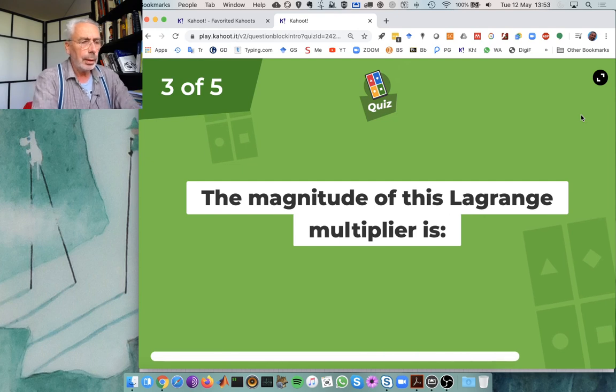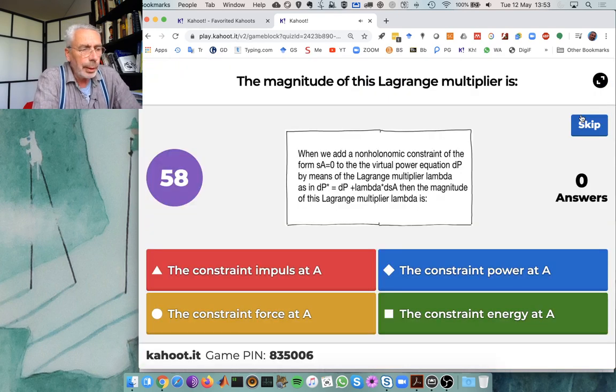This is about the magnitude of the Lagrangian multiplier. We add a non-holonomic constraint, set equal to zero, to the virtual power expression by means of a Lagrangian multiplier. Then the question is, what is the physical interpretation of the Lagrangian multiplier? In this case, I say the magnitude.